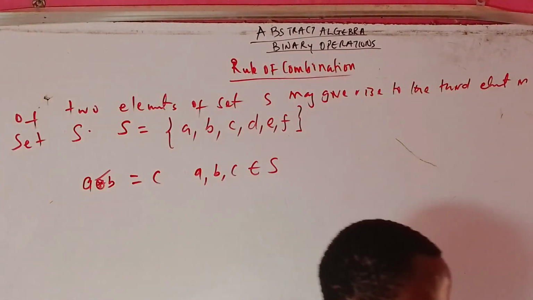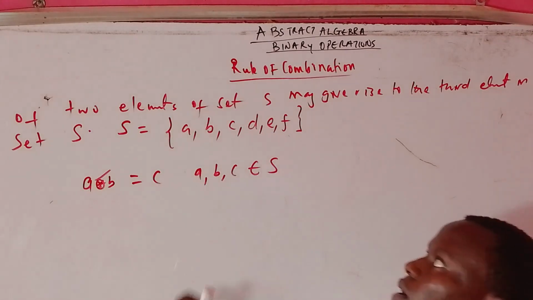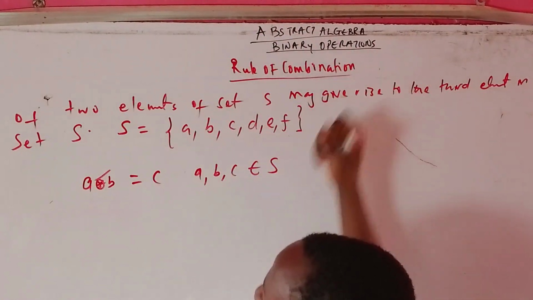That is the rule of combination. And then we shall consider different rules of combination of elements of a given set. These rules of combination are usually called binary operations.